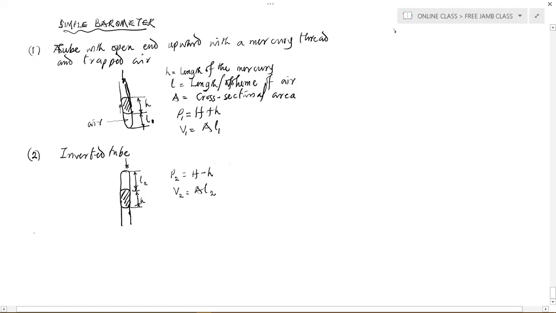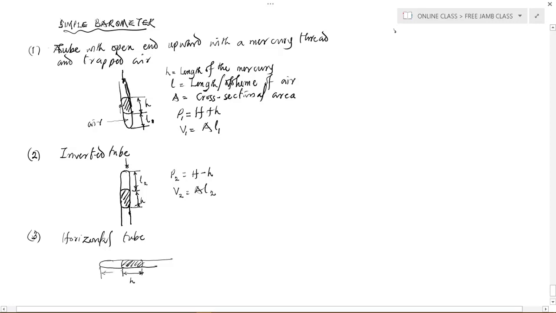So number 3 is the horizontal tube. In this case, the tube is laid down like this. This is the mercury here. So here now we have our length of the mercury.